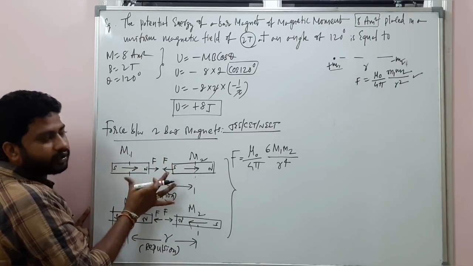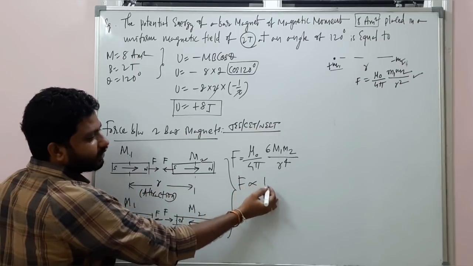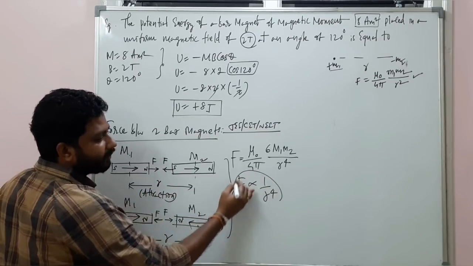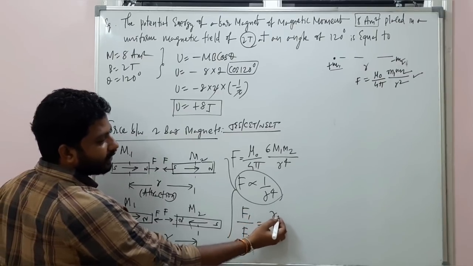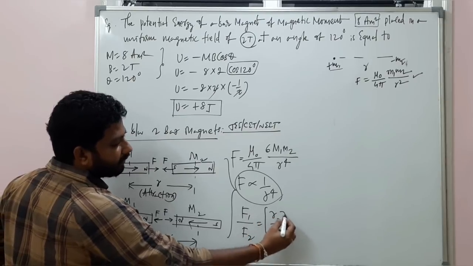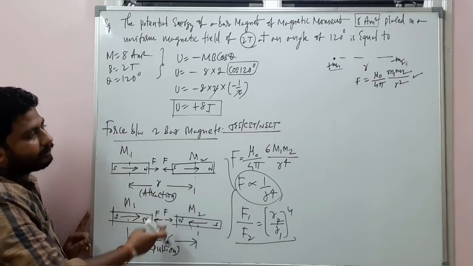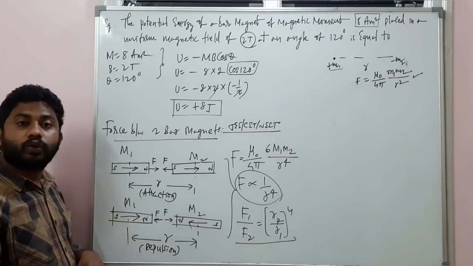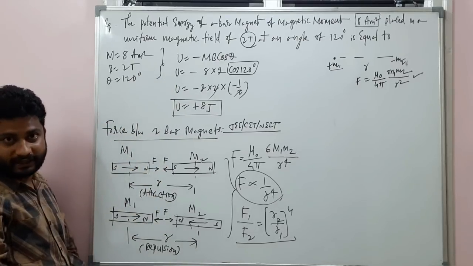This distance you can vary. So F is inversely proportional to R to the power 4, and from here F1 by F2 can be written as R2 by R1 whole to the power 4. The force of interaction will be inversely proportional to the fourth power of the distance between the two magnets.